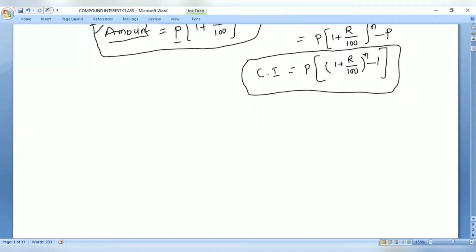As we have seen in our earlier cases in simple interest, time may be mentioned in months or years.